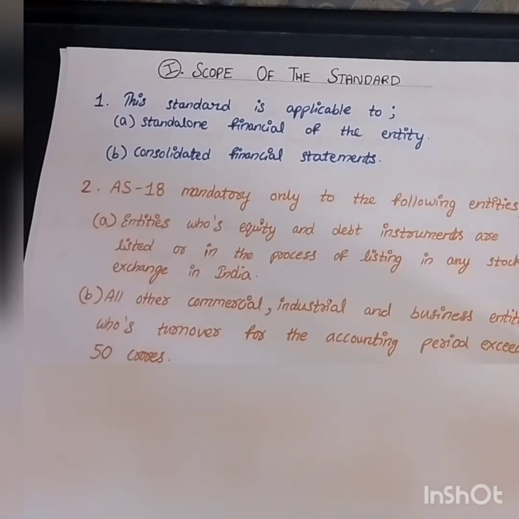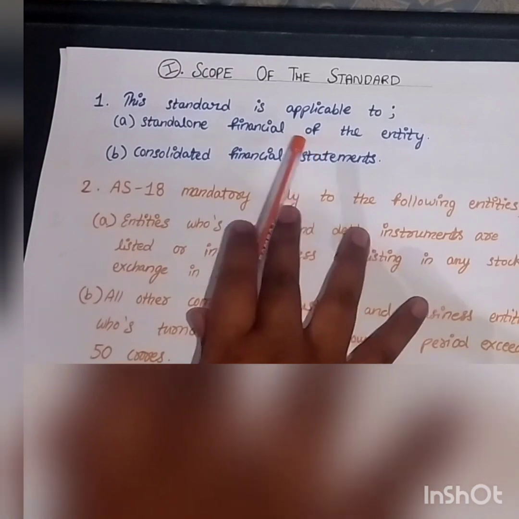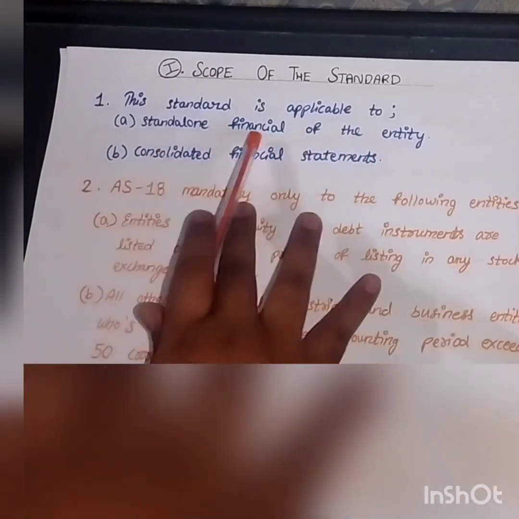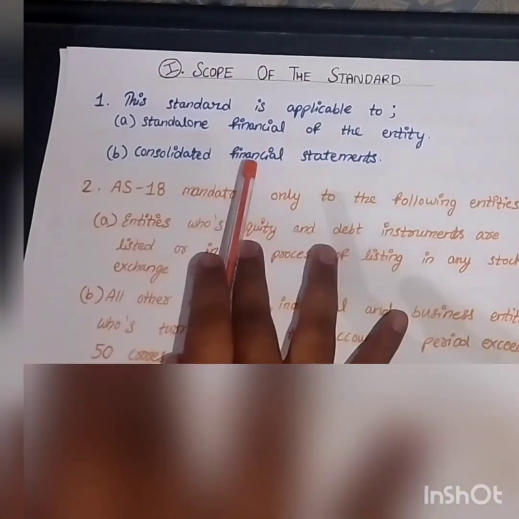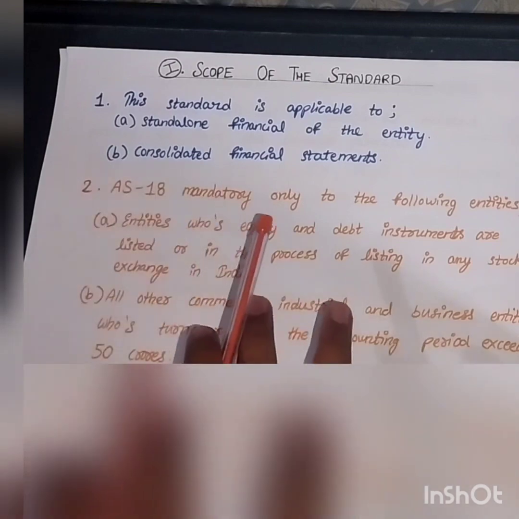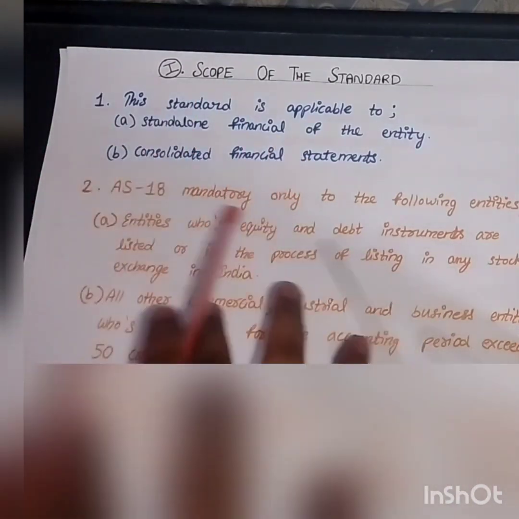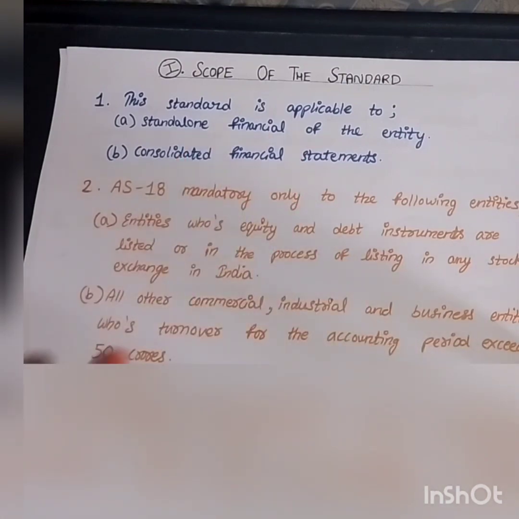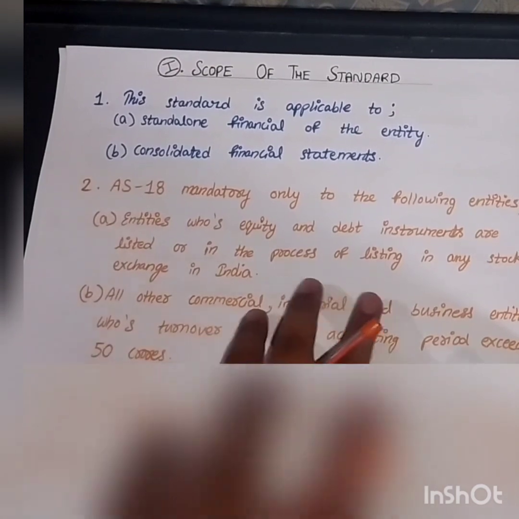The standard is applicable for standalone financials of the entity, which implies it is applicable only for the holding company. In the case of consolidated financial statements, both holding and subsidiaries are treated as one group, and it is applicable to the whole of the subsidiaries and holding companies. Okay, clear with the scope of the standard. This is a brief about the scope of the standard.